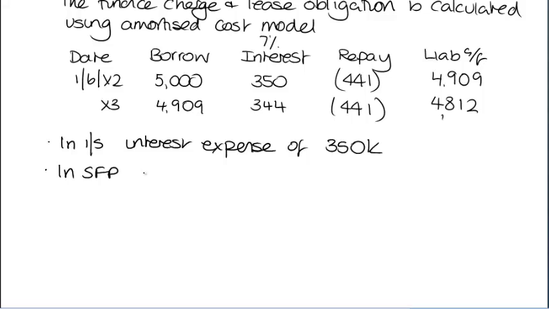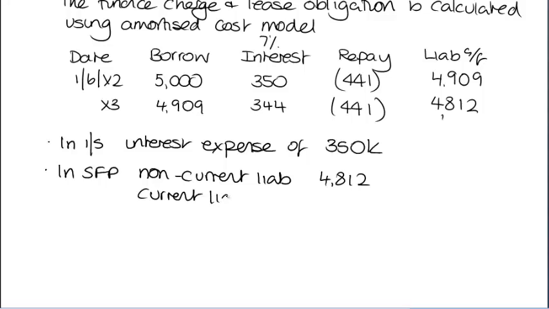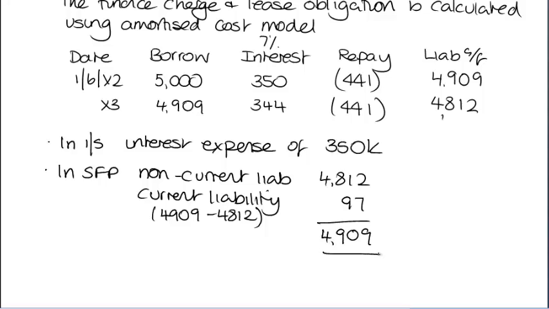In the SFP, we have a non-current liability, 4812, and a current liability, 4909 less 4812. So our total lease liability, 4909. So I've dealt with every single element within the question.